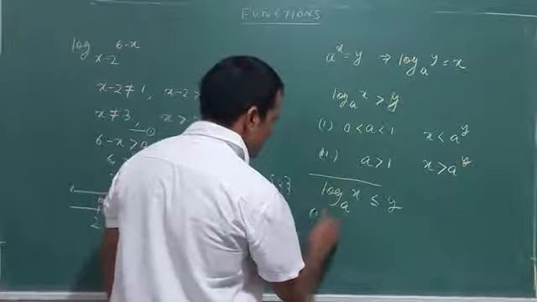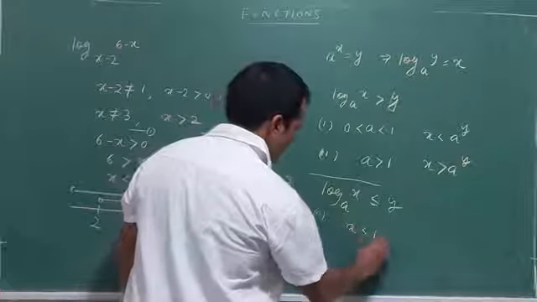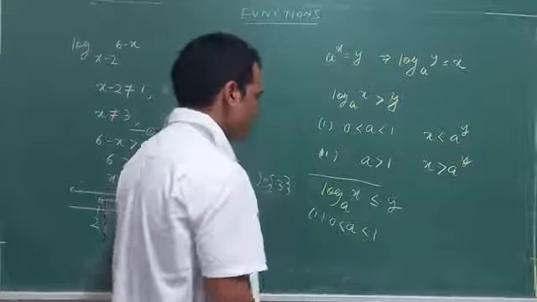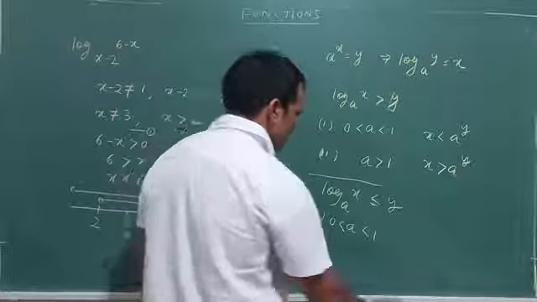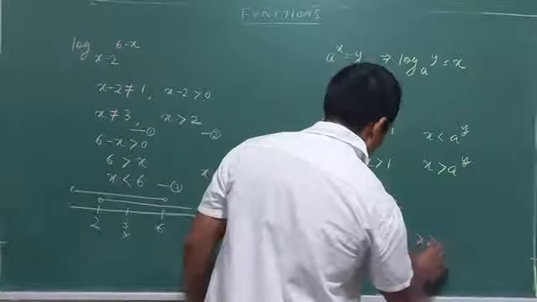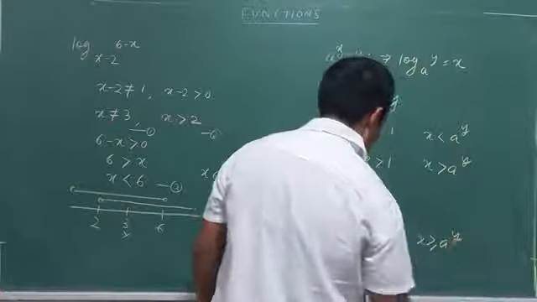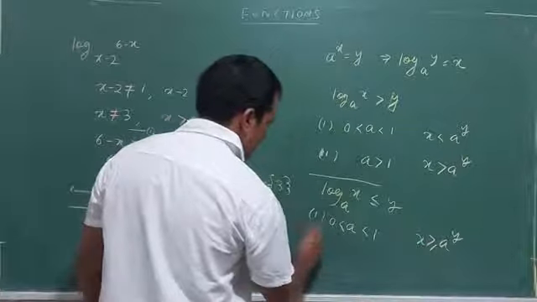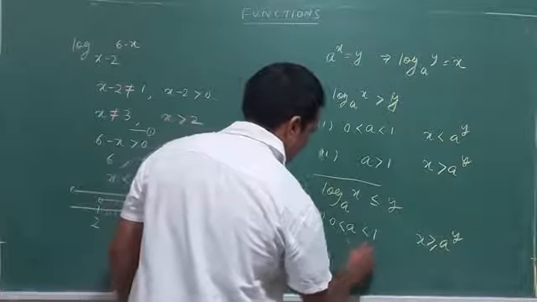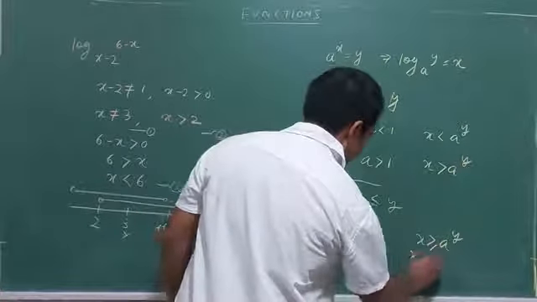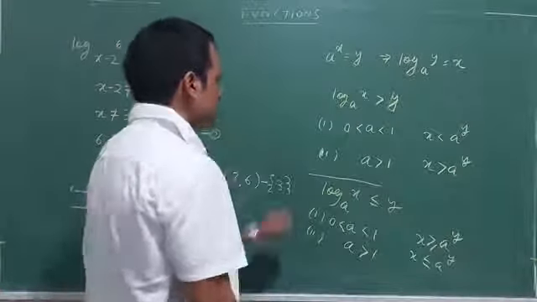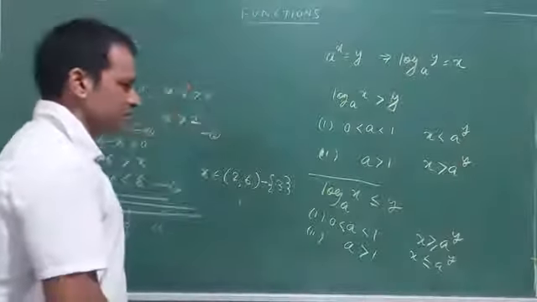So the same condition here: a is less than 1, greater than 0, then x is greater than or equal to a to the power 5. The inequality changes. Second condition, if a is greater than 1, then x is less than or equal to a to the power 5. We must stick to the conditions. Okay, next.